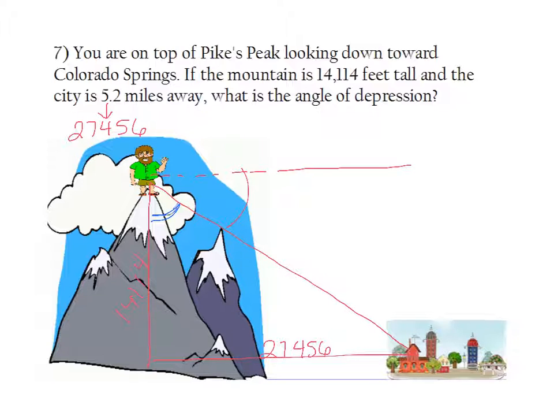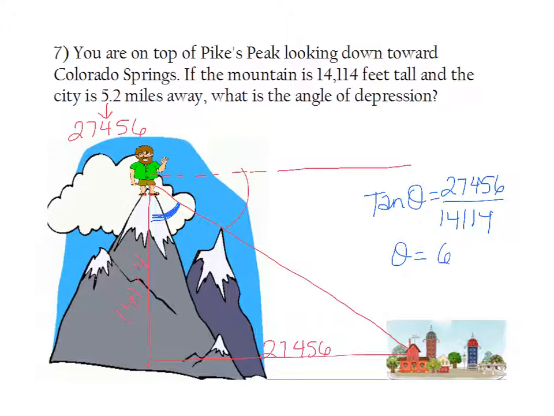I'm going to look for this angle here. Tangent of that angle is opposite over hypotenuse. And then do inverse tangent on that.